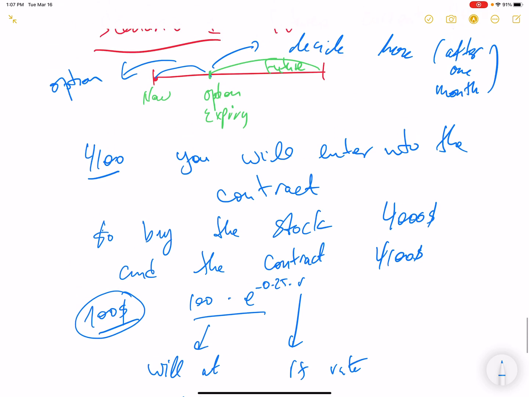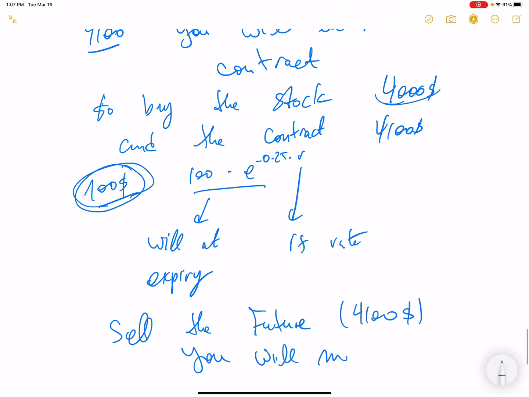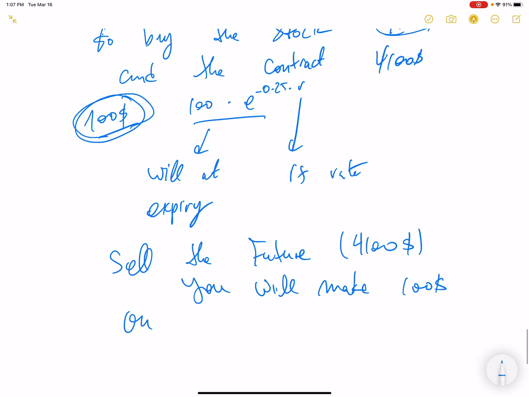All right, so in this case, you're entering at $4,000, but the market is 4,100, so you can sell the future, right? You sell the future, and the market is 4,100, so you will make $100 on the future.